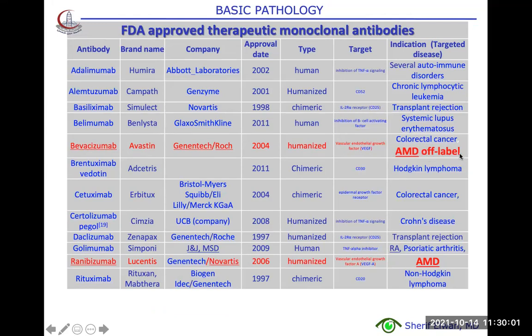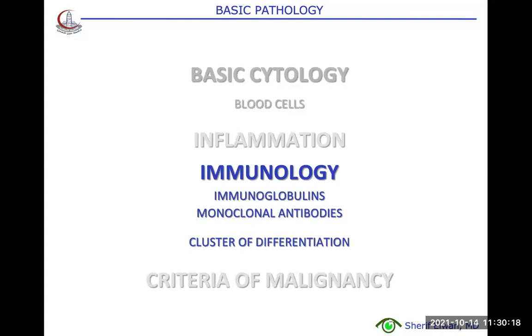That means not given as a primary drug for this indication. It is mainly indicated for colorectal cancer, and ranibizumab is primarily approved by the FDA for treatment of age-related macular degeneration.